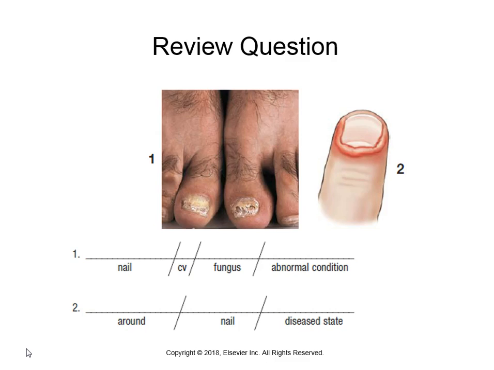That's a very hard one to spell, so make sure you keep looking that up. O-N-Y-C-H-O. And then fungus is myco, M-Y-C-O. Number 2 there, you can see is diseased state around the nail. That's that word that we've been talking about recently, paronychia.